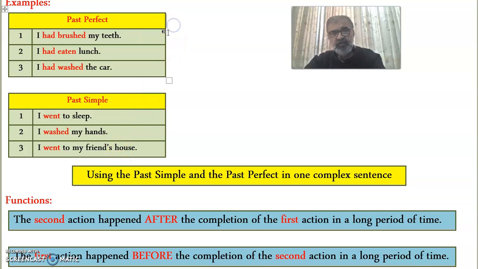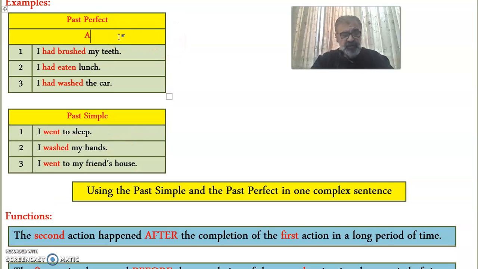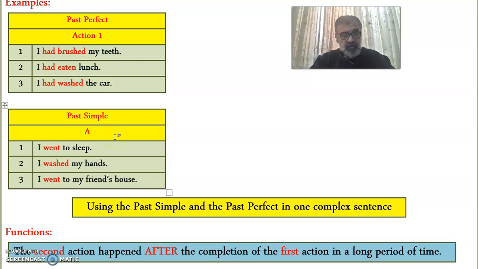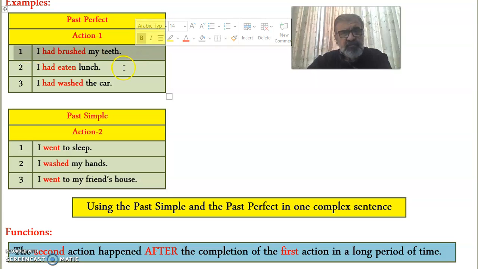So we can say also that these are action one, and these two are action two. Okay? So now basically action one happens first and then action two. So after I had brushed my teeth, I went to sleep. Or you could say, before I went to sleep, I had brushed my teeth.